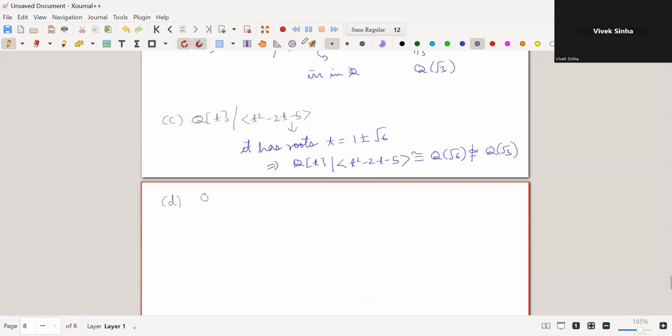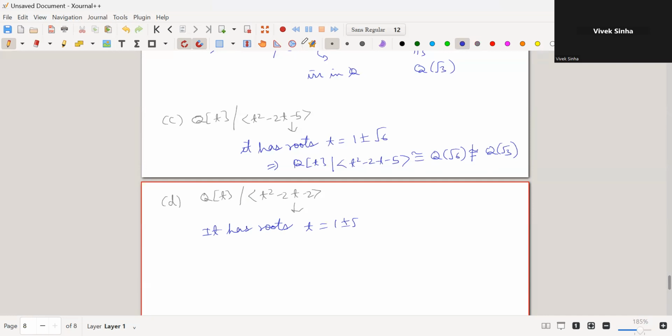So the last one, just a second, Q[t] modulo t square minus 2t minus 2. It has roots t equal to 1 plus minus root 3.